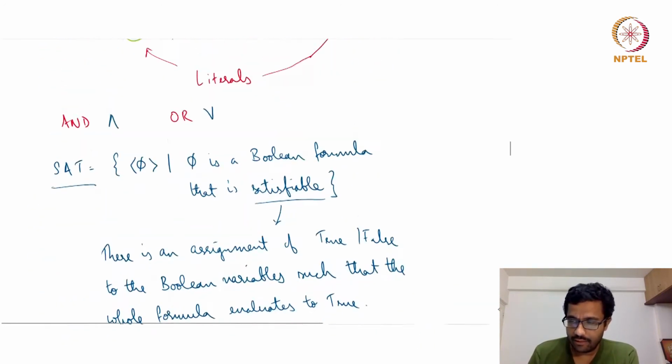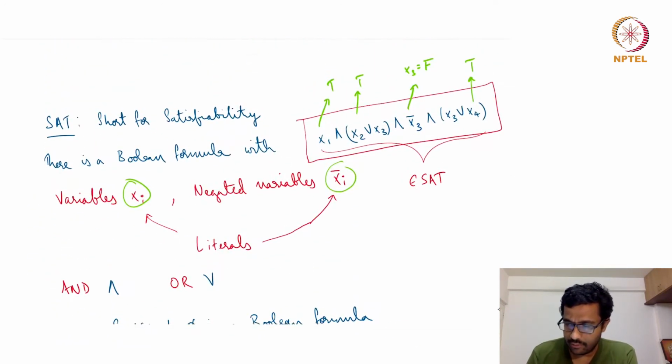So in fact, if you had here in the first formula over here, if you had an AND of another clause over here, let's say x4 complement or x2 complement.